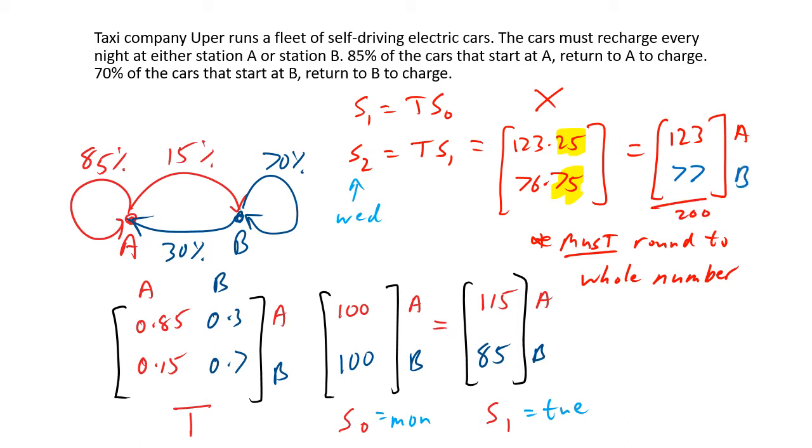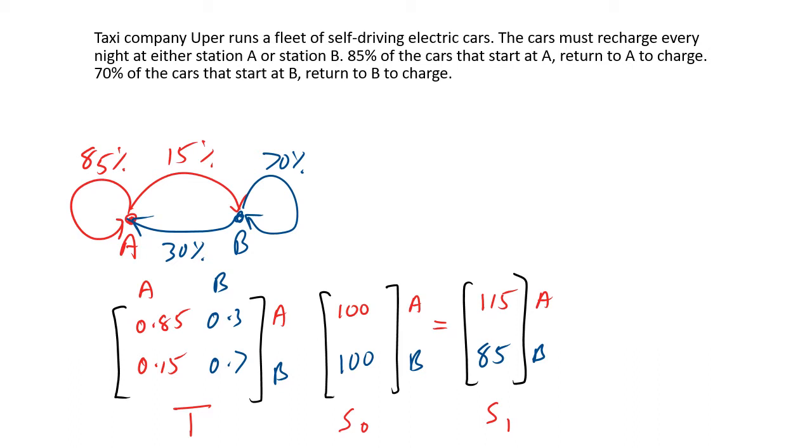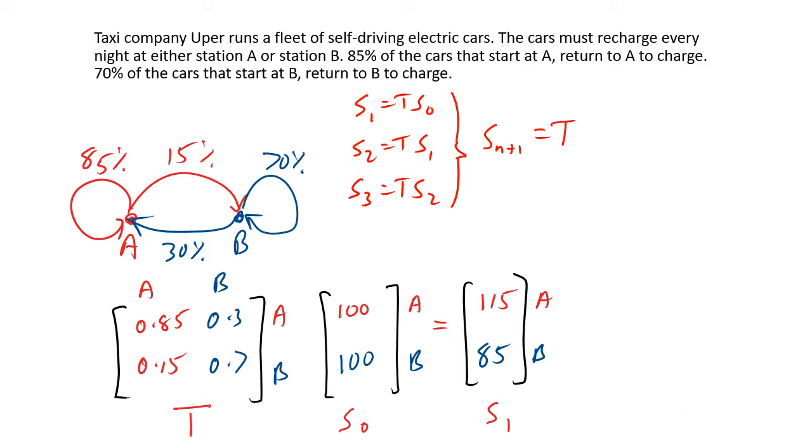All right, so we're starting to see some formulas develop here. So let's summarize some of our findings into formulas. If we say that S1 equals T S0, S2 equals T S1, S3 equals T S2, etc., we can put this into a more general formula that S(n+1) equals T Sn.